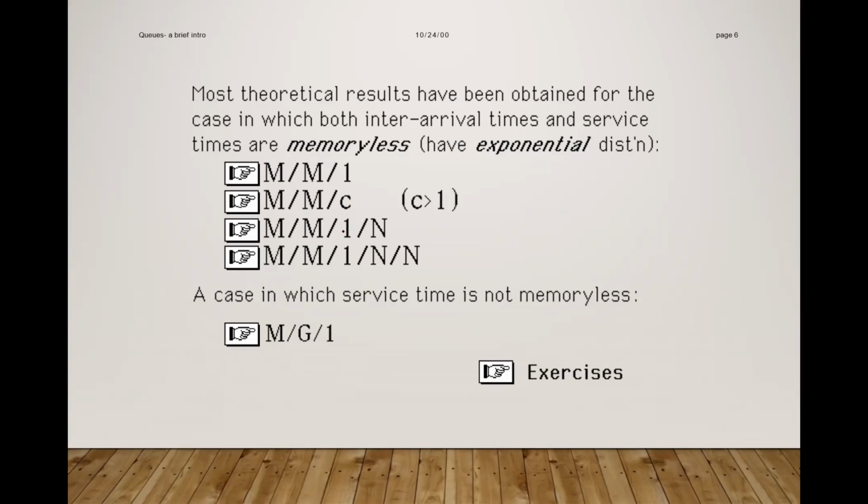We can deal with one server but with a finite capacity, or one server with finite capacity and finite population, and a case in which service time is not memoryless but you have only one server.